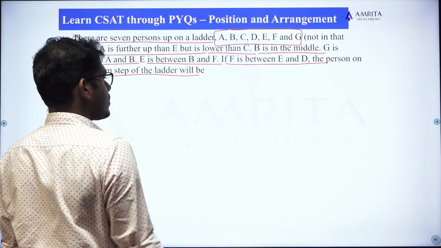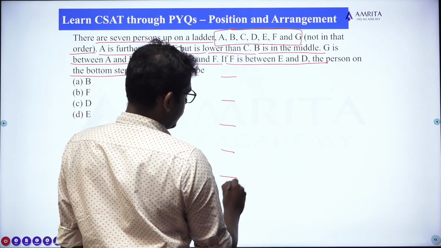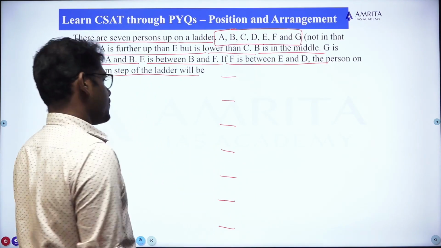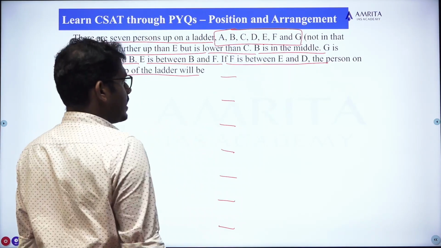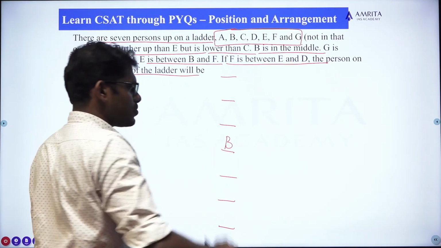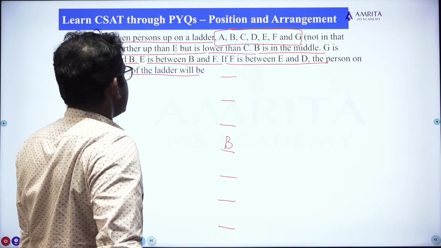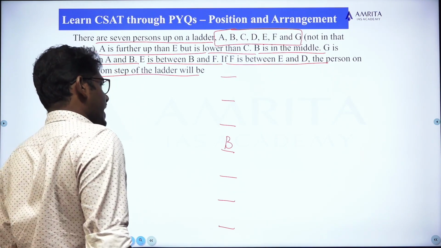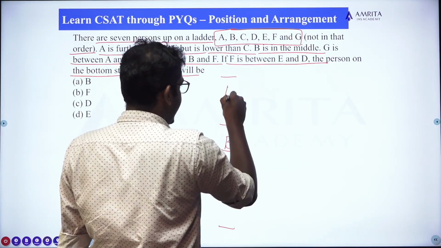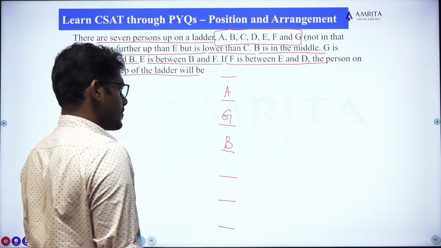Okay, fine. So there are a total of 7 persons. It says B is in the middle, so this is the position of B. Then it says G is between A and B. So A can be here, and if A is here, then G will be here.